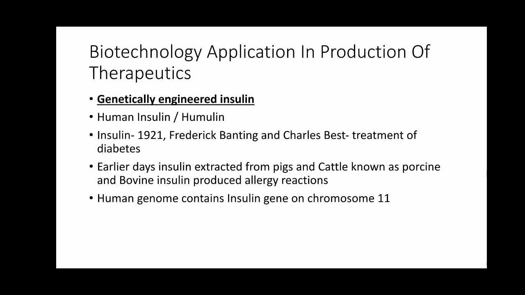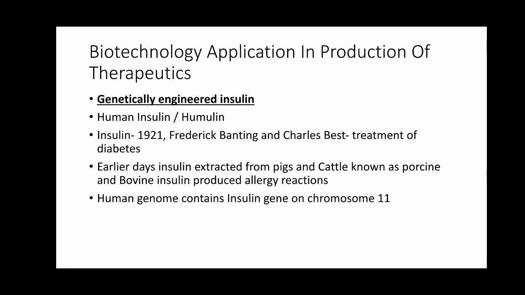The body cannot produce such a large amount. So to obtain large amounts of insulin, people used to extract it from pigs and cattle. Even pigs and cattle contain the gene that codes for insulin, and it is almost similar to that of human beings.